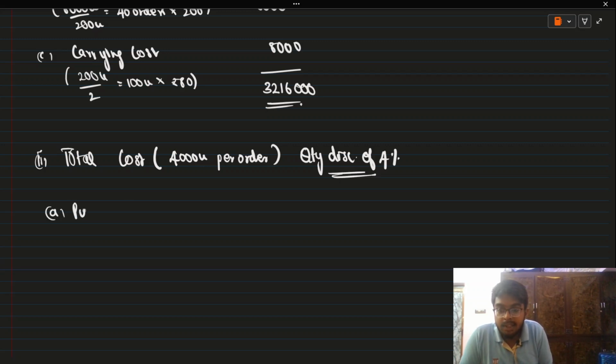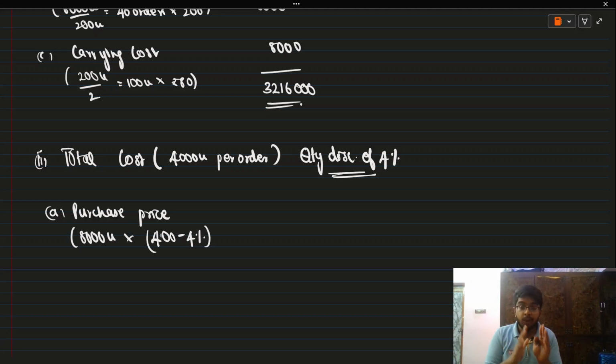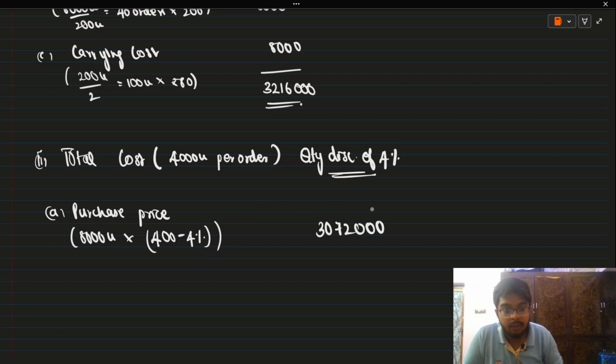First we have to find purchase price. 8000 units is the annual demand into 400 minus 4%. So if we order 4000 per order, we get a 4% quantity discount. So the cost per unit will reduce. We already found out 400 minus 4% is 384 into 8000 units comes to 30,72,000.